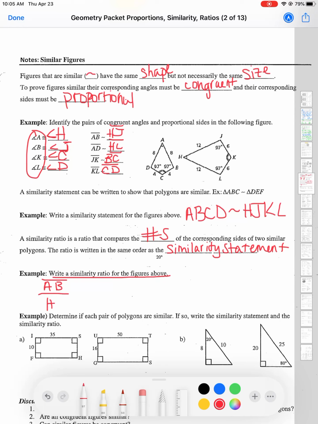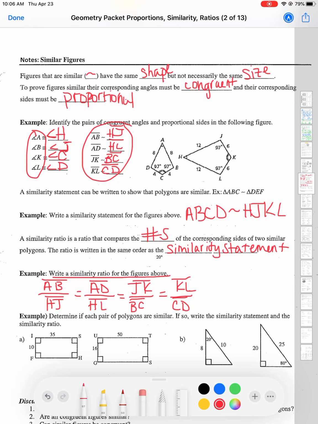So AB over HJ is equal to AD over HL, which is equal to JK over BC, which is equal to KL over CD.